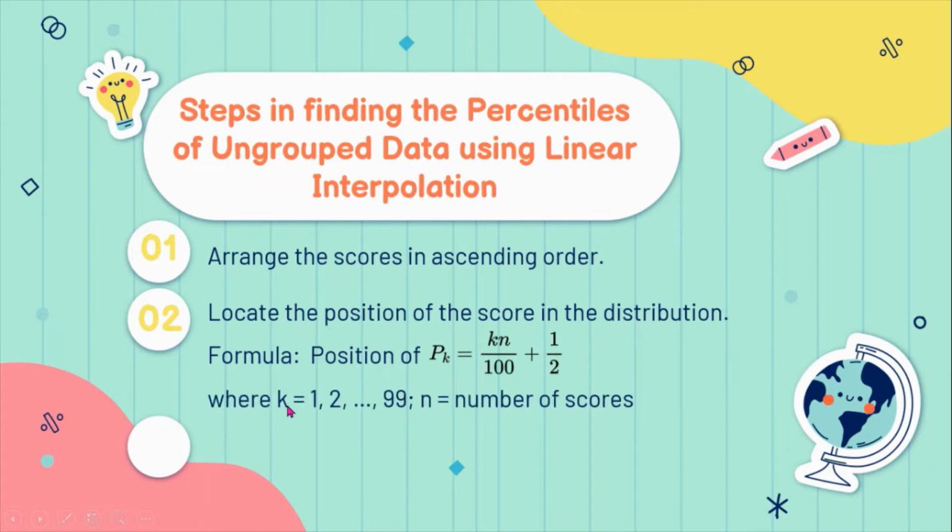Here, K is equal to 1 if you are looking for the first percentile, 2 if you are looking for the second percentile, 97 if you are looking for the 97th percentile, 99 if you are looking for the 99th percentile. And N here is equal to the number of scores. And finally, the last step is interpolate the value.